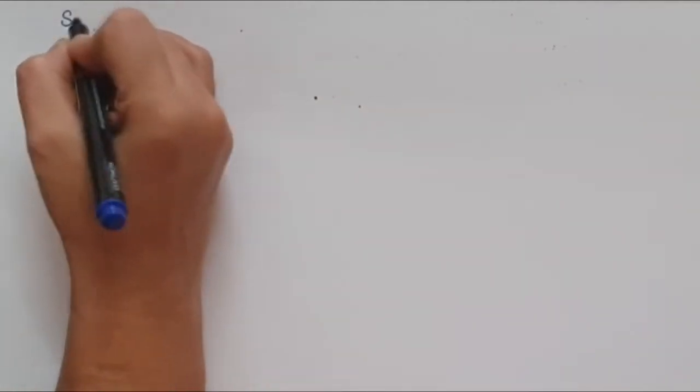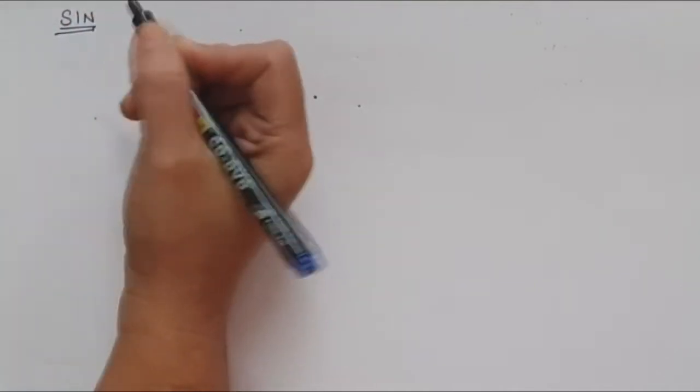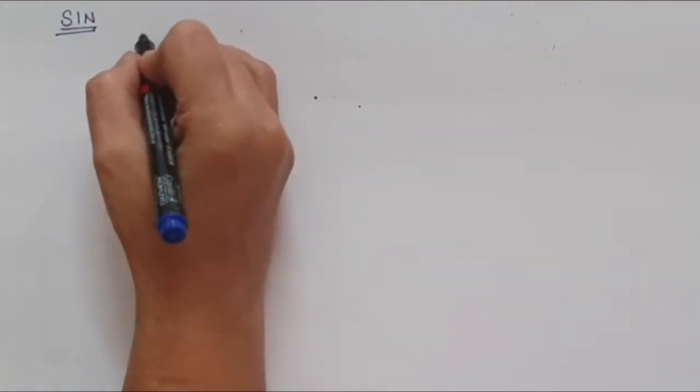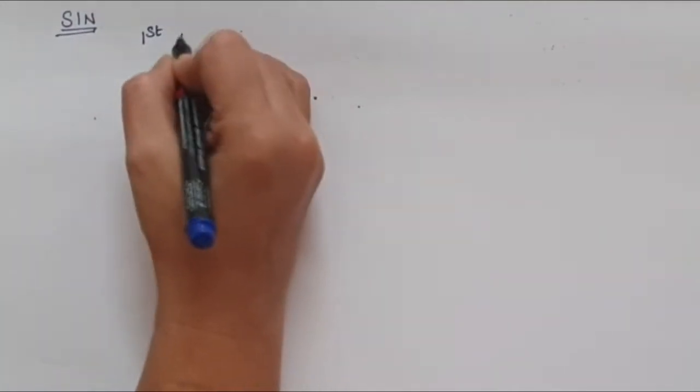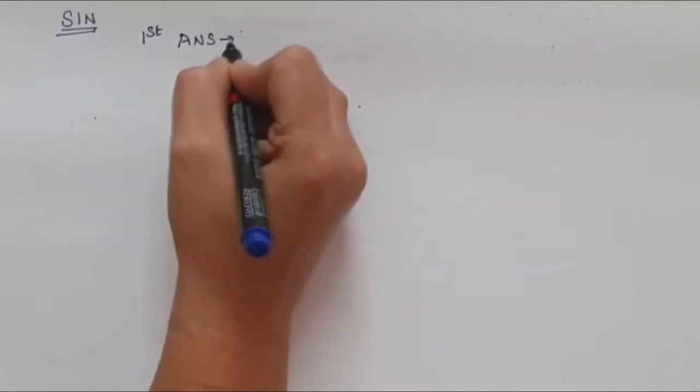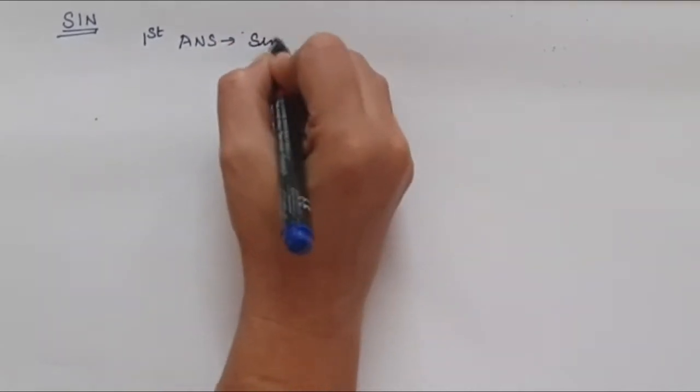In order to solve this question, we can use the graph to find the answers, or we can use a simple calculation procedure in order to find the values. Now let us see how to use the calculation procedure for finding sine values. Our first answer is got by sine inverse.